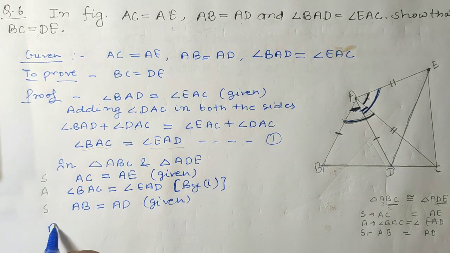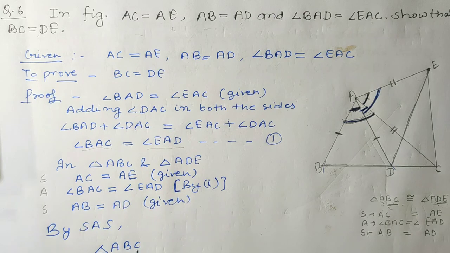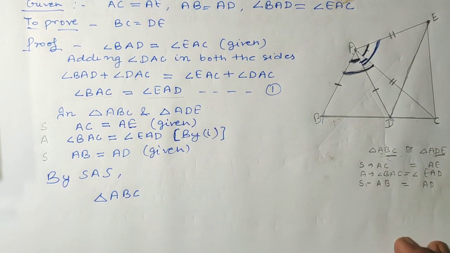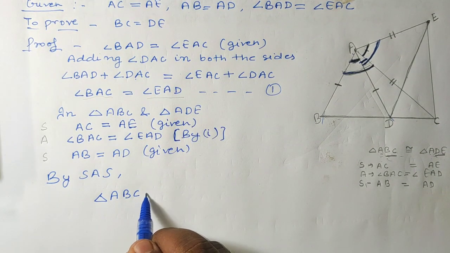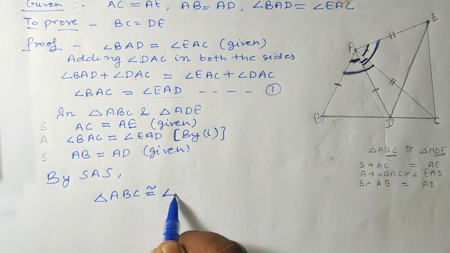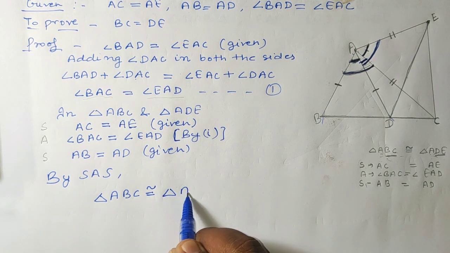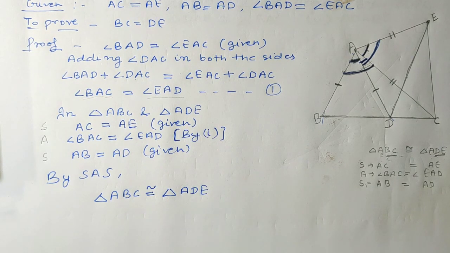So by side angle side, triangle ABC is congruent to triangle ADE.